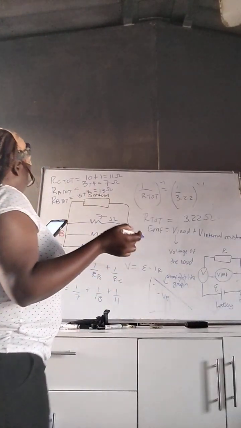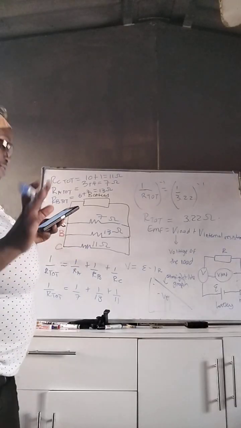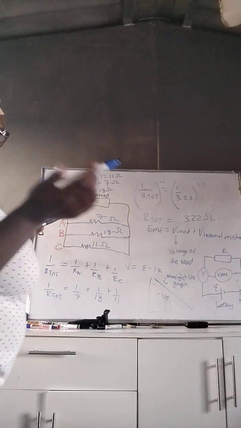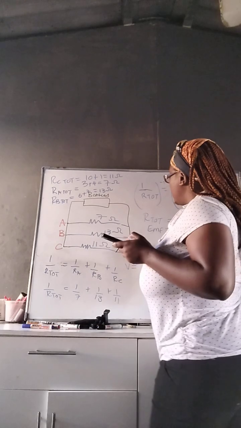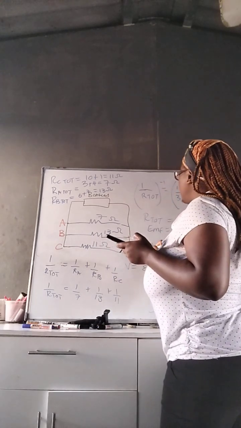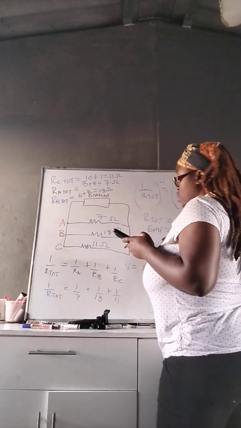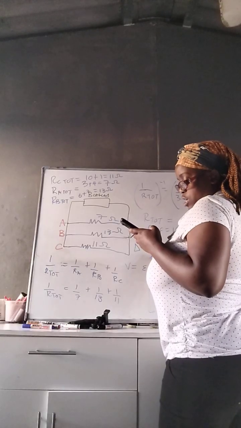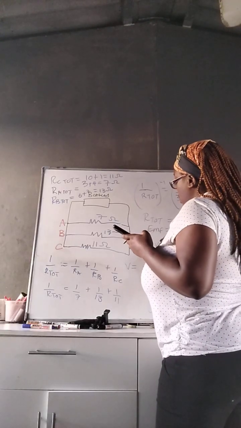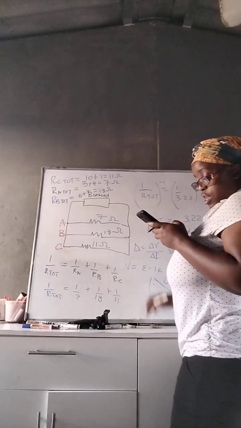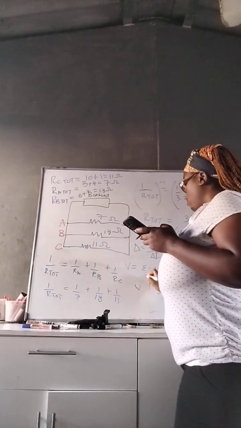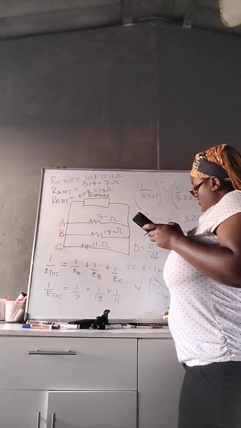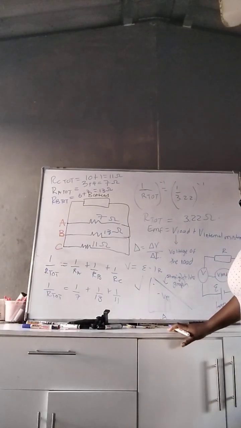So since it's negative, it's going to have a negative gradient. And how do we get the gradient? Gradient is equal to change in voltage over change in current. There, that's how you have it. So this will be your voltage and this will be your current, right?